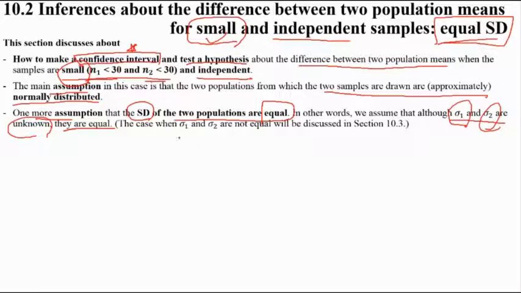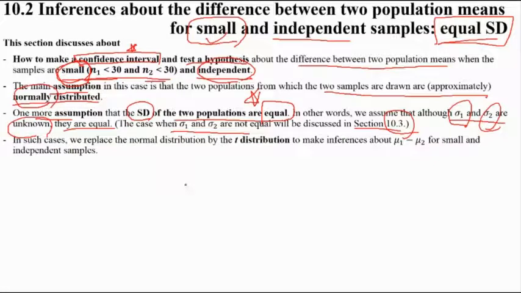In the case where they are not equal, we're talking about that in the next section, not today. Anyway, we should make sure of a small sample, independence, normal distribution, and equal standard deviations.